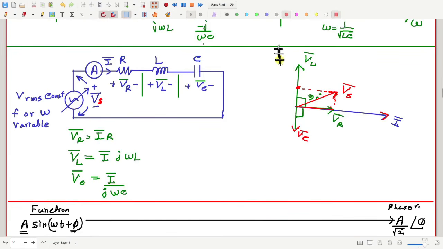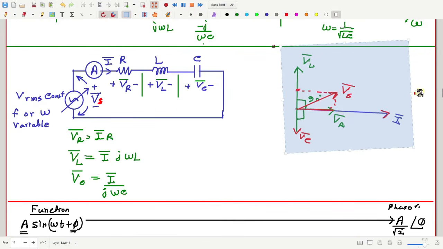So suppose this is time t equal to 0, and if I project this current on the vertical axis, I'm getting say 0, so the current may be 0 at time t equal to 0.